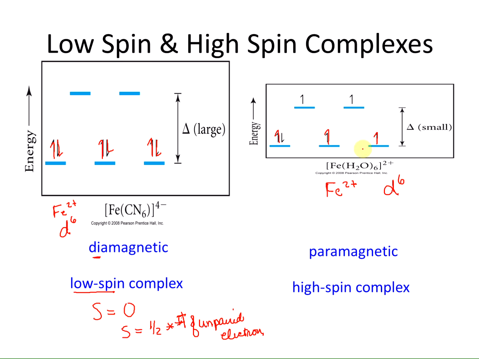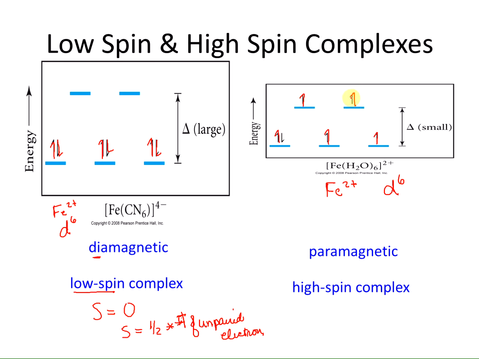Now with my 4th electron, I can either pair it up or go up high. But pairing the electrons costs some energy, but also putting it up high costs some energy. But when I compare this, for this paramagnetic high spin complex, because the splitting is small, it's easier to promote that electron, so the 4th, 5th electron.